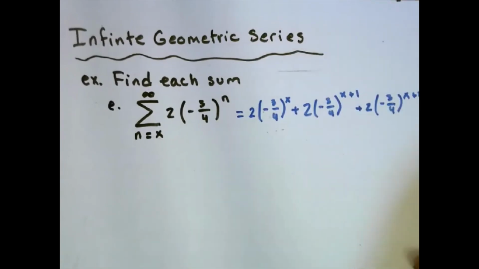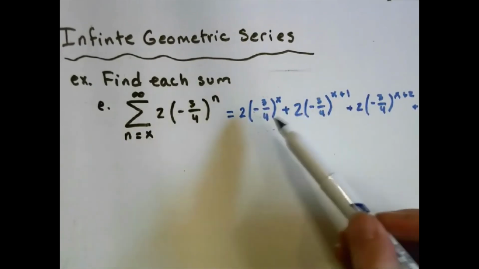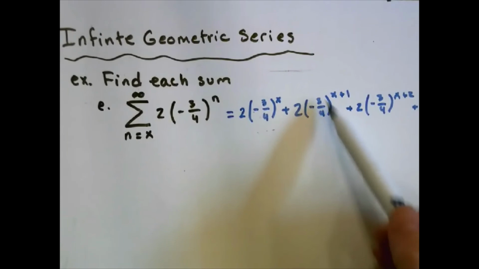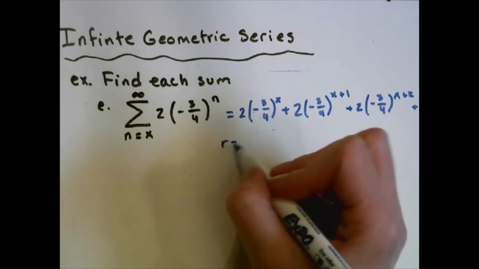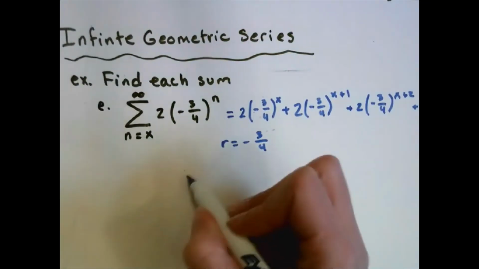Okay, and so on. So we're just adding 1 to this. So this is the geometric series, because what we're doing is we're multiplying by an additional negative 3/4. So my common ratio is negative 3/4, which is between -1 and 1.